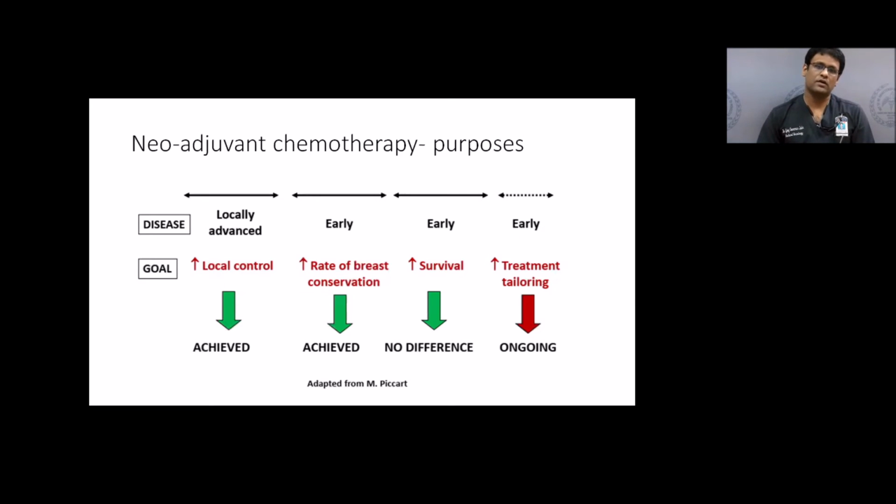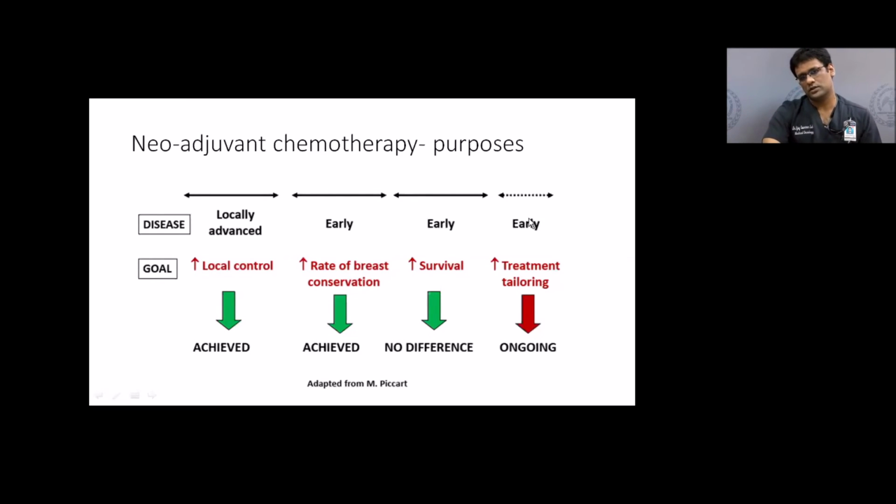So this is where using neoadjuvant chemotherapy for increasing the rate of local control and increasing rates of breast conservation are important. However, like I said, whether you give the chemo before or after surgery doesn't impact their survival.